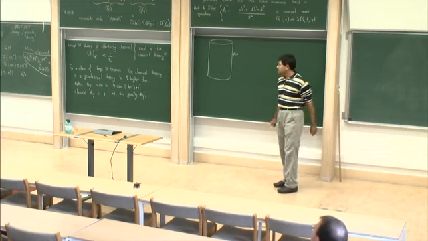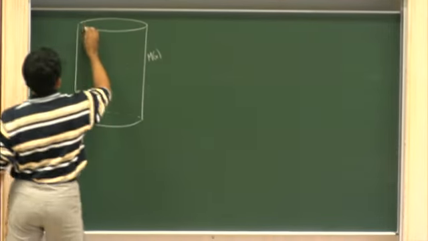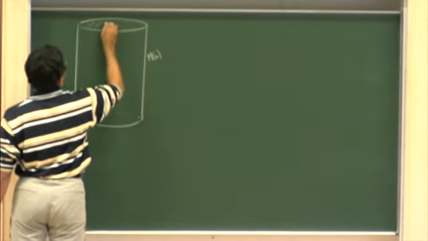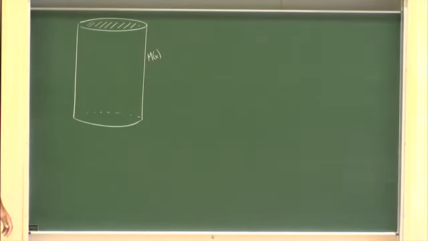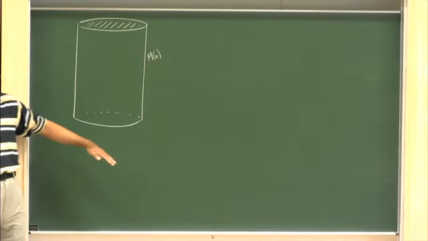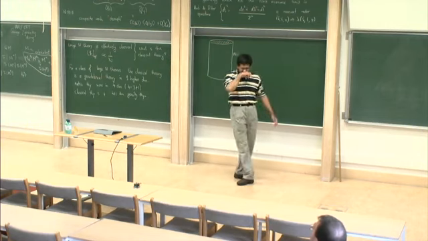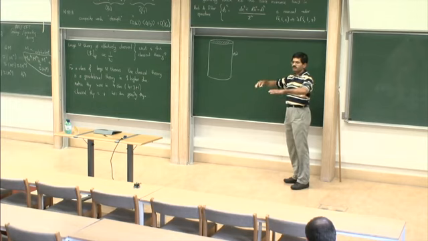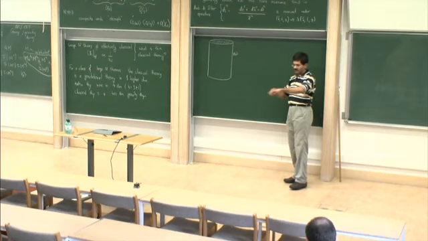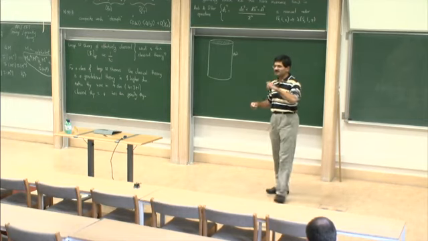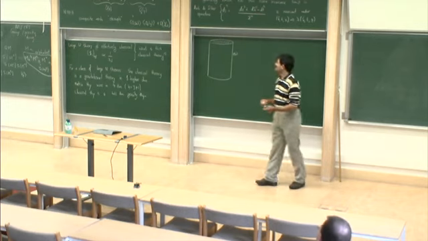So I have all these matrices that live on this boundary, and gravity propagates inside. I think everybody has seen Escher's famous picture of a two-dimensional disk tiled by fishes or pigeons, whatever they are. Fish.